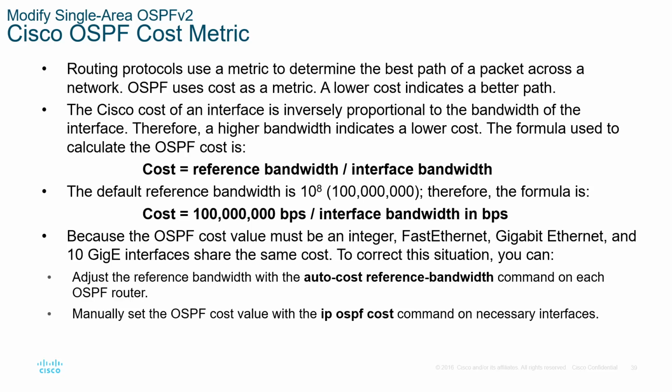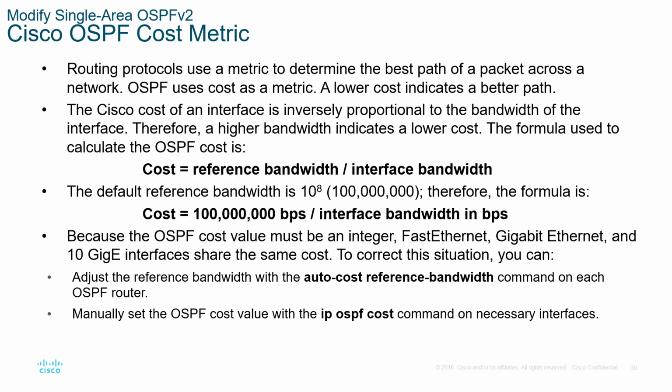Because OSPF was created in the 90s, someone thought that 100 megabits per second was a crazy high value. So they said, let's make the reference bandwidth 100 megabits per second, and that should be enough forever. And it was not.